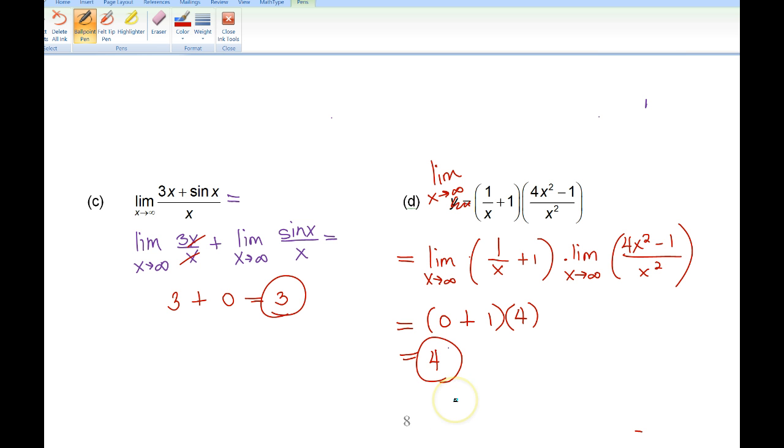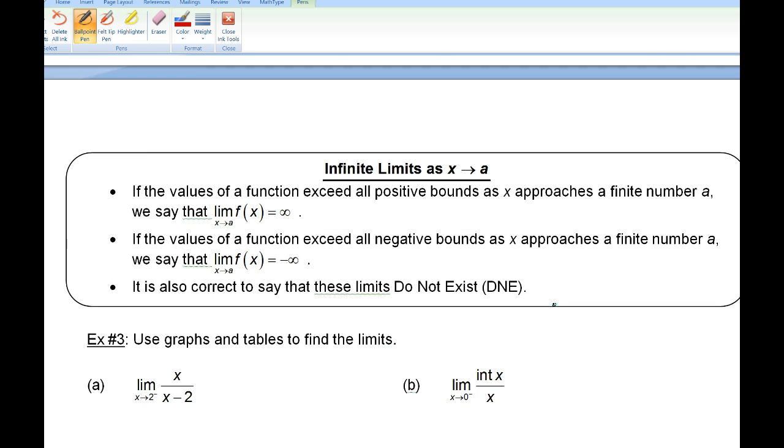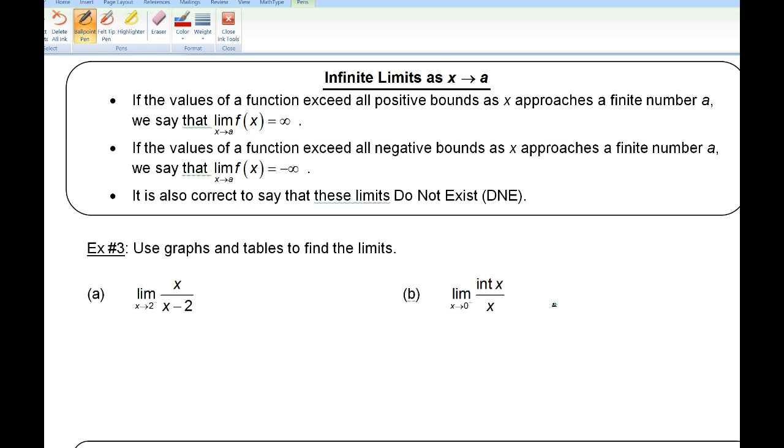Guys, yes, that's what we're doing. I'm trying to show you that limits as x approaches infinity are the same thing as the horizontal asymptotes, which is why I just gave you that worksheet. The other ones are limits as x approaches a value and you get an answer of positive or negative infinity.